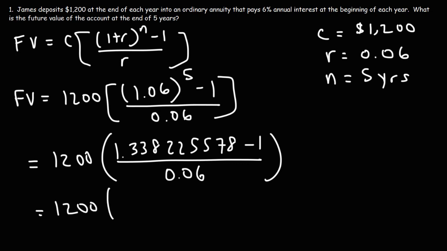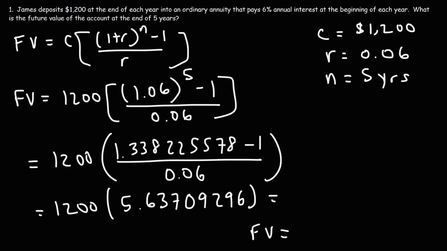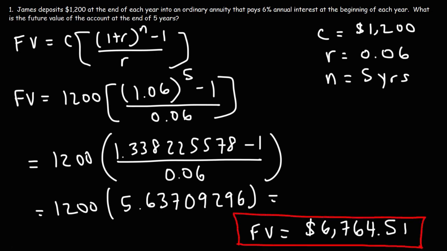So once you have 0.338225578, and then you divide that by 0.06, that will give you 5.63709296, and then multiply that by 1200. And so the future value of the account at the end of 5 years will be $6,764.51. So this is the answer to the problem.